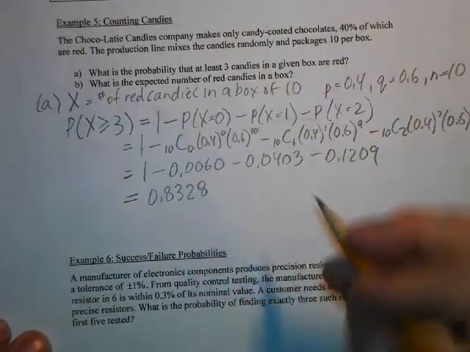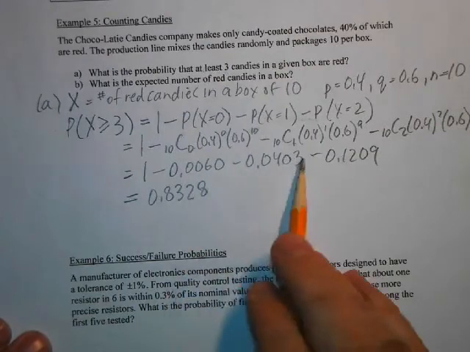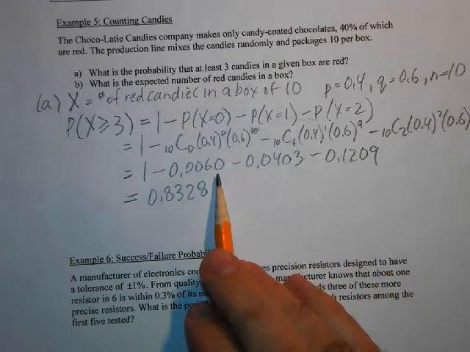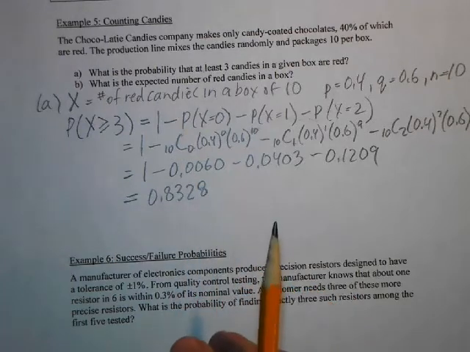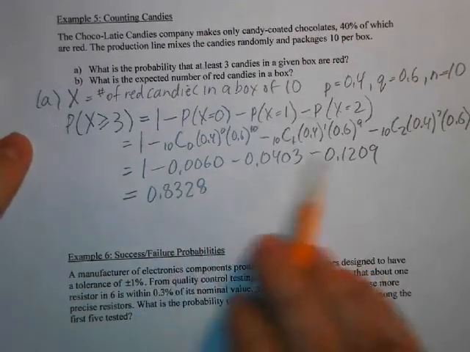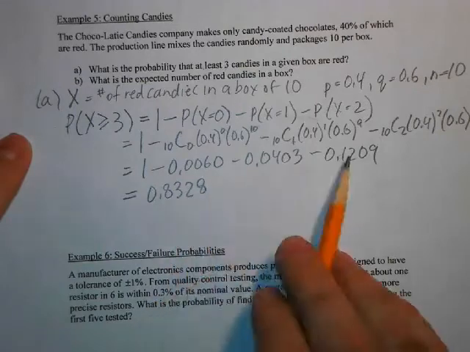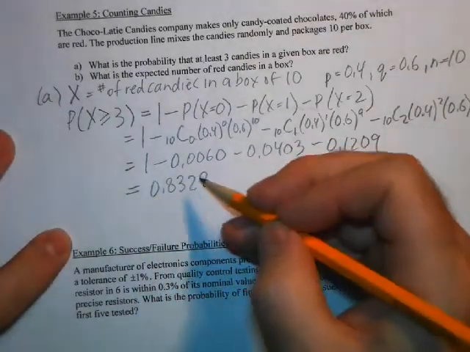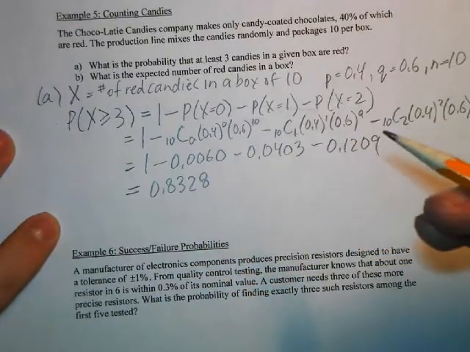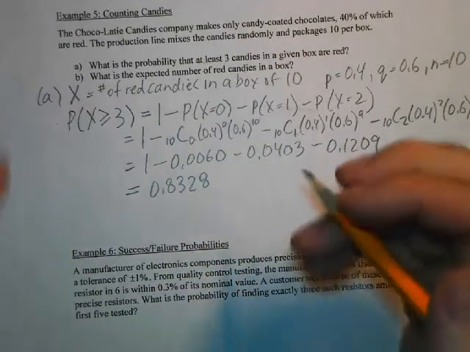So that's actually quite a high number because the probabilities we're subtracting were all very low. So the probability of having 0, 1, or 2 red candies was very low, looks like 16% or so. So the remaining was boxes that have 3 or more.